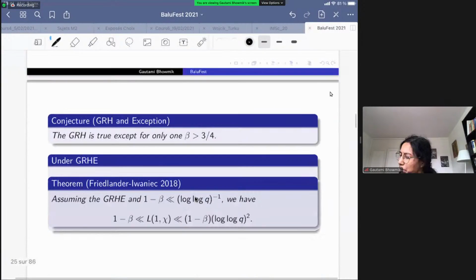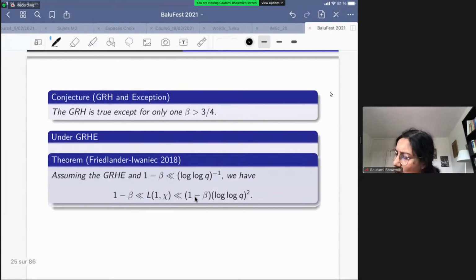And then Friedlander and Iwaniec allow some exceptions. They say that the GRH is true, which it probably is, except for only one β, and for that β they give a condition. They say this β is greater than 3/4. I call it GRHE, GRH with exception.